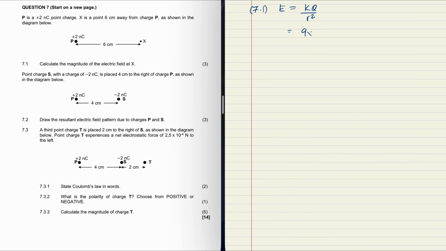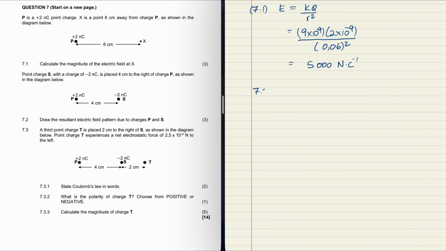K is 9 times 10 to the power 9. Q is the charge, so 2 times 10 to the negative 9 divided by R, which needs to be in meters, so that's 0.06 squared, and that gives us 5,000 Newton per coulomb. They ask for magnitude, so we don't need to give a direction.